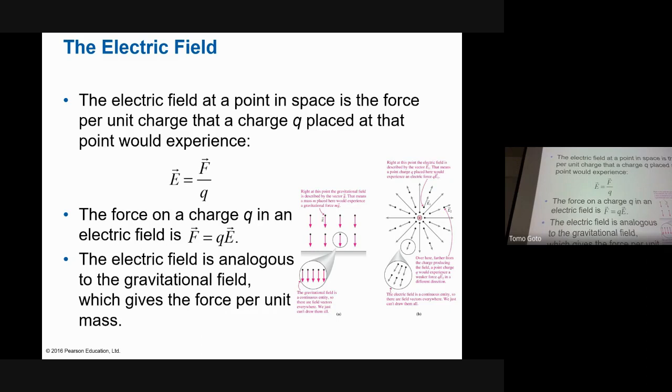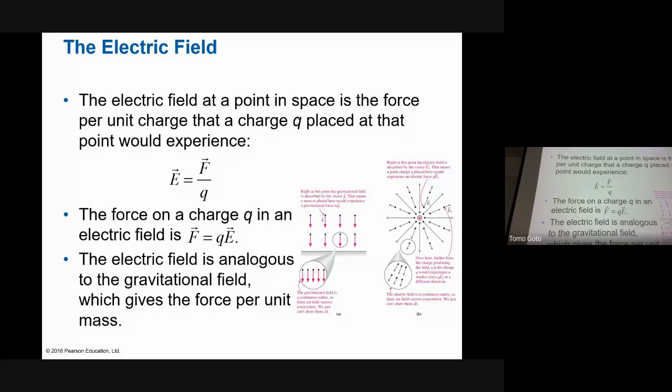Here's an example. There are two examples. So here's an electronic field, and then you put the point charge, and the force you feel is from the electronic field. This is another example of the electronic field from a point charge.